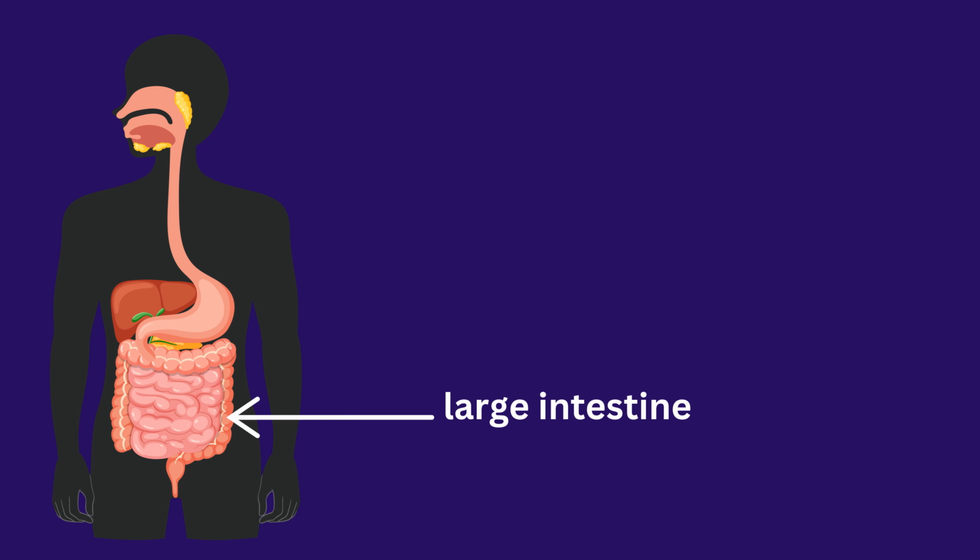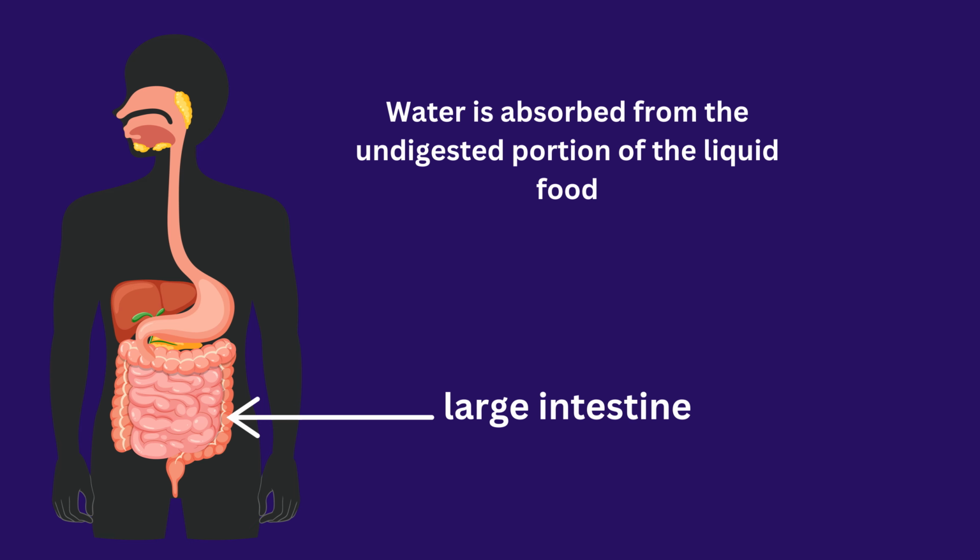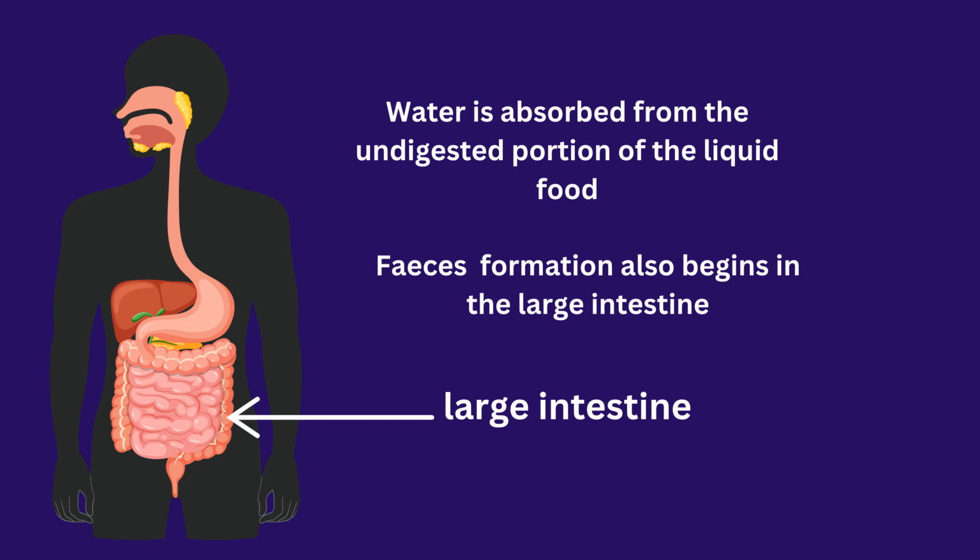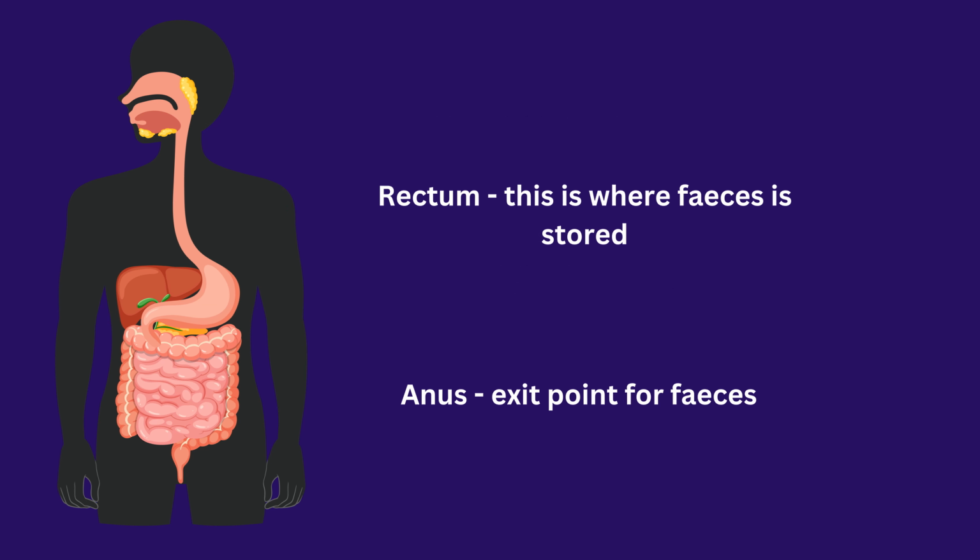The remainder of food that moves to the large intestine is undigested. Water is absorbed from this undigested portion of the food. Feces formation also begins in the large intestine. Lastly, the rectum stores the feces and the anus is the exit point for feces.